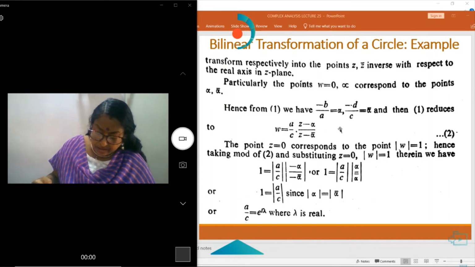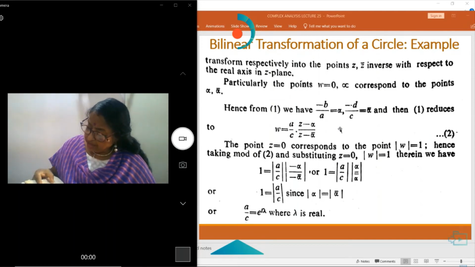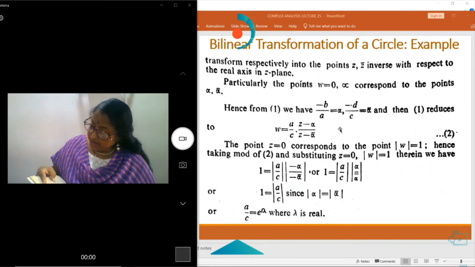This is the transformation which maps Iz equal to 0 into mod W equal to 1. Here we have to prove what the value of W is when Iz is greater than 0, when Iz is equal to 0, and when Iz is less than 0.